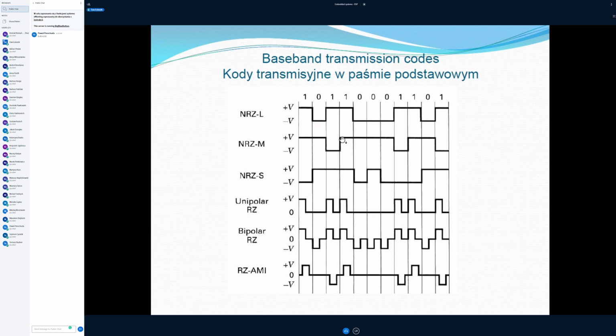So the change of data value was coded as a change of frequency, sorry, as a change of phase of our clock, and this is called Manchester. So again, a homework for you: check what Manchester code is, just Wikipedia or something like that.